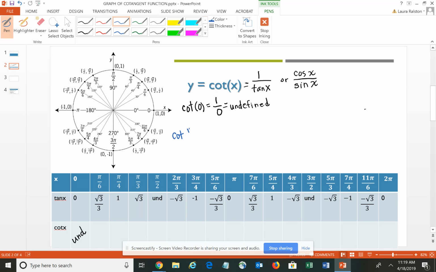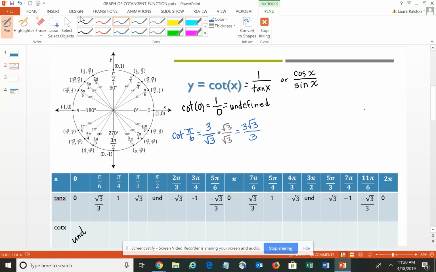Then if we take a look at the cotangent of pi sixth, the tangent is square root 3 over 3, so the cotangent would be 3 over the square root of 3. Again, we flip it, but we know we can't have a radical in the denominator, so I'm going to multiply the numerator and the denominator by the square root of 3, which is going to give me 3 square root of 3 over 3.